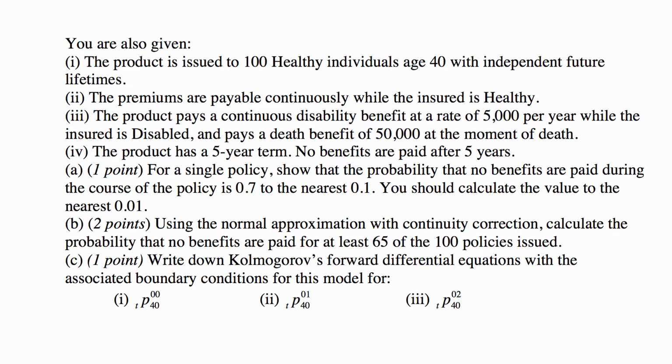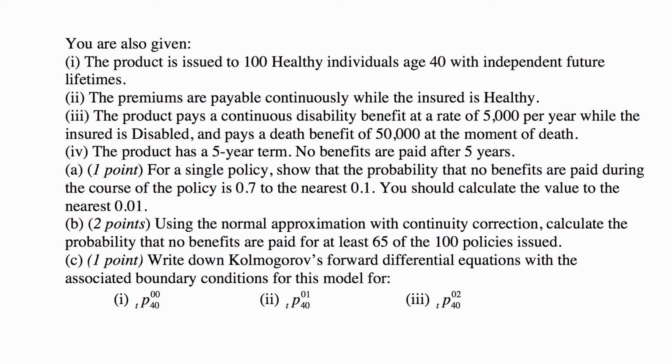The product has a 5-year term. No benefits are paid after 5 years. Also, no premiums are paid beyond 5 years, though that's not clearly stated. Of course, the premium payment only happens when the person is healthy, but only for those 5 years.